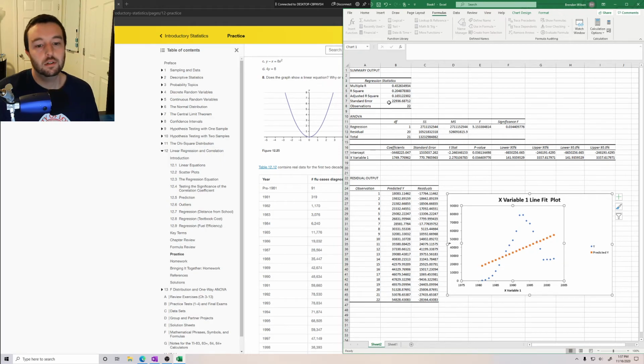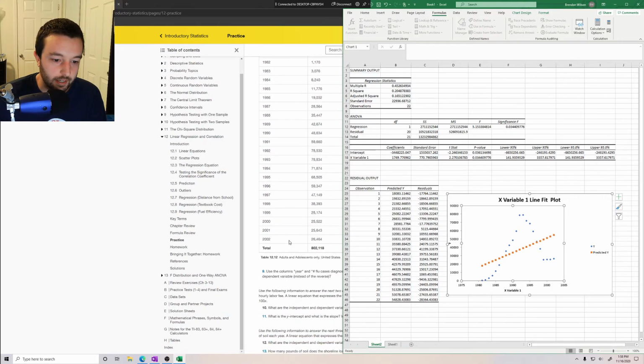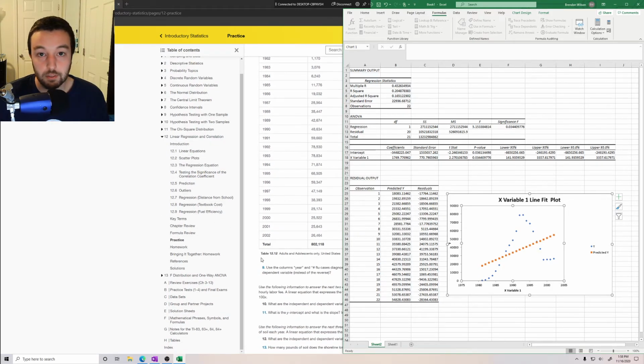I think we would just have to do that by hand if we actually wanted to get it. I think it might be buried in here somewhere. I'm just not sure. You would actually want the equation if you were going to use it to predict later cases. For example, in our data, this goes up to 2002. If we wanted to predict what's going to happen in 2003, we would need the line. But we're not going to do that with this line anyway because it doesn't have a good relationship.